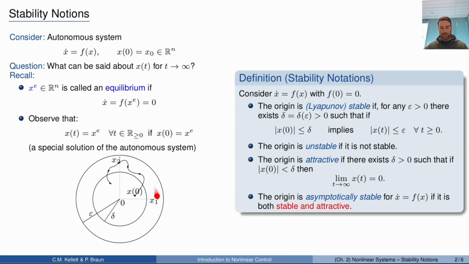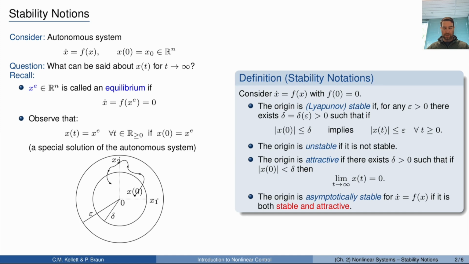So looking at this illustration down here, meaning if we are starting with our initial condition here in this delta ball, then our solution for all times t needs to lie in this epsilon ball. So in this case, if we look at this solution here, it would satisfy this condition.